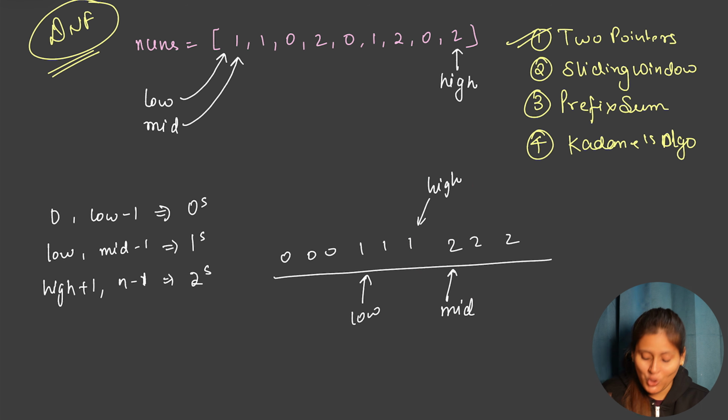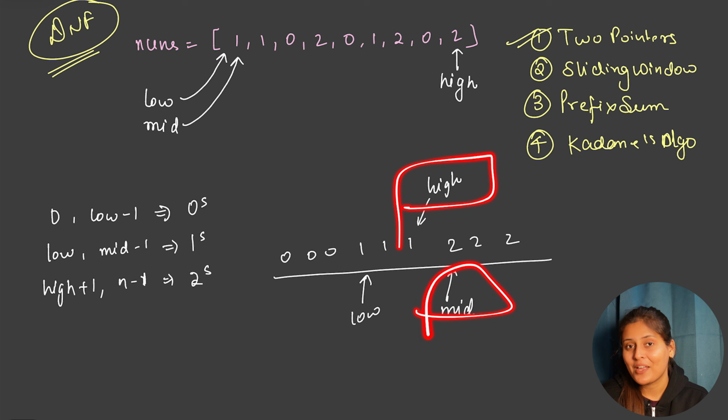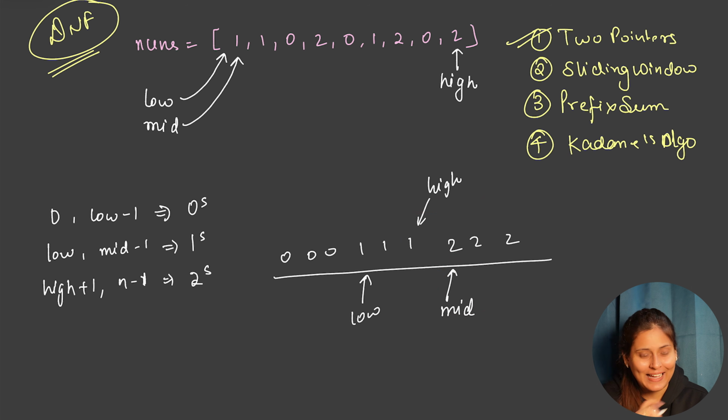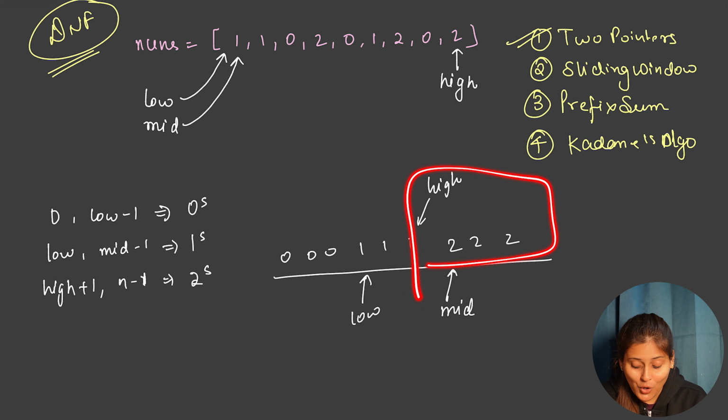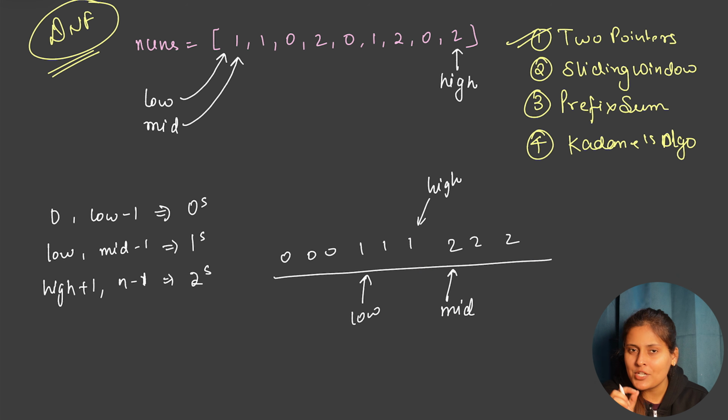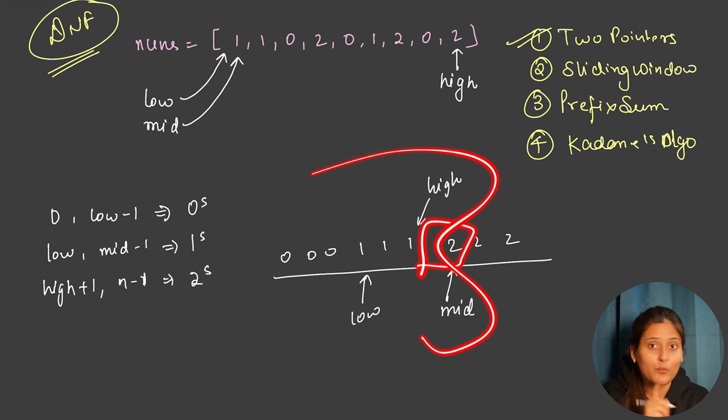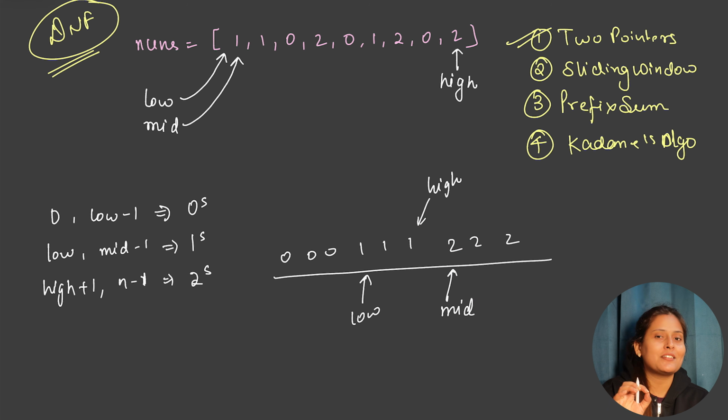So in the while loop, mid and high will go with a condition: while mid is less than high. Because after that, when it crosses, we will stop. So the condition will be while mid is less than or equal to high, because it would run till equal too, and only then have they crossed each other. So that's the definition.